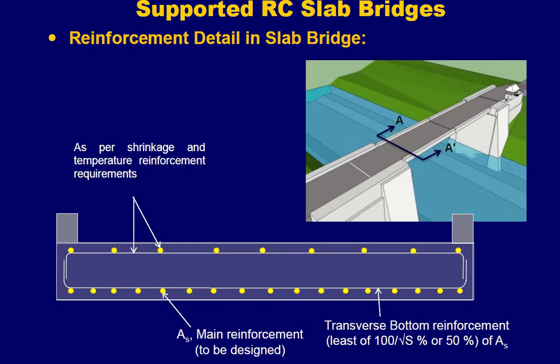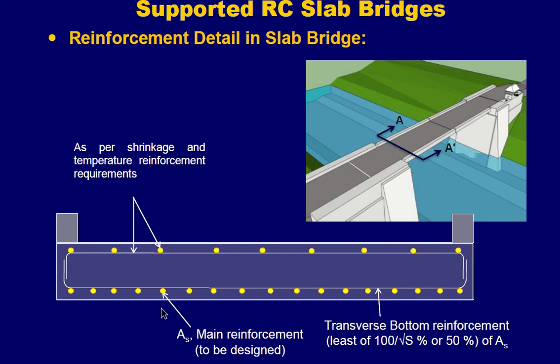Now the reinforcement detail in the slab bridge. This is the slab bridge, and if you take a section in this direction, this is what you will see. The width of the slab, the transverse direction, is this, and the longitudinal direction is the one perpendicular to the screen. As per shrinkage and temperature reinforcement requirement, you have to provide the top bars in both directions, longitudinal as well as transverse.